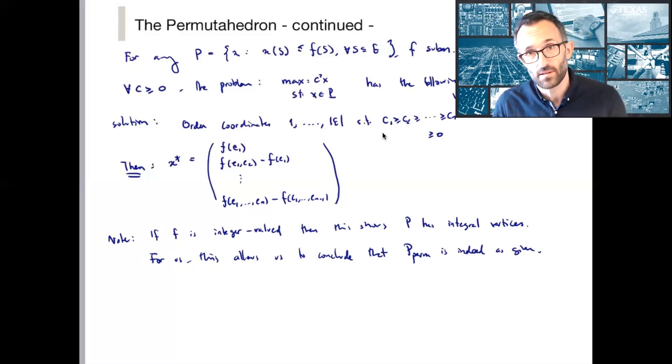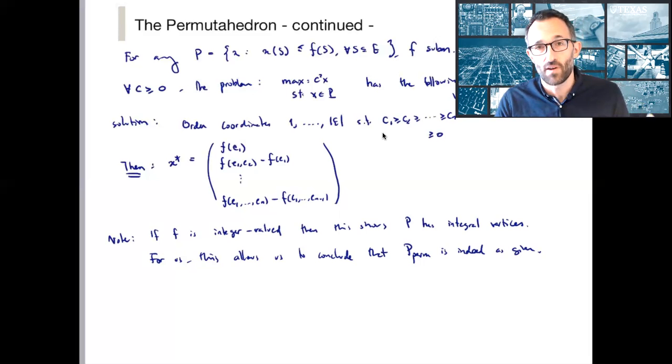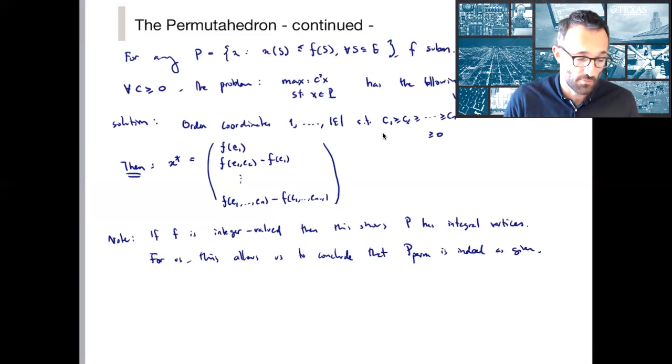So this tells us, and it's easy to check, that we can't eliminate any of these constraints. So this tells us that our Permutahedron requires exponentially many inequalities to define in its ambient dimension. In other words, if we look at the geometric shape, it's going to have an exponential number of facets. Again, that's a geometric property independent of how we choose to represent it.